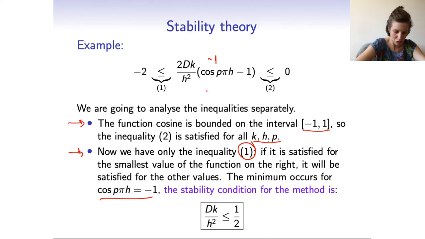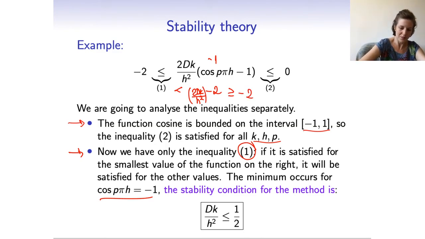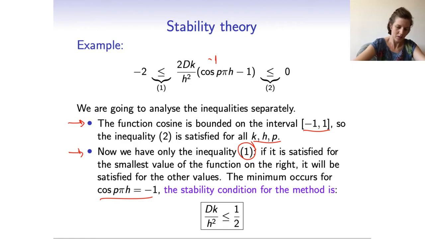So we have minus 2 D k divided by h squared, which should be bigger than minus 2, and therefore we get this condition here. So these are the stability conditions for D, k, and h.